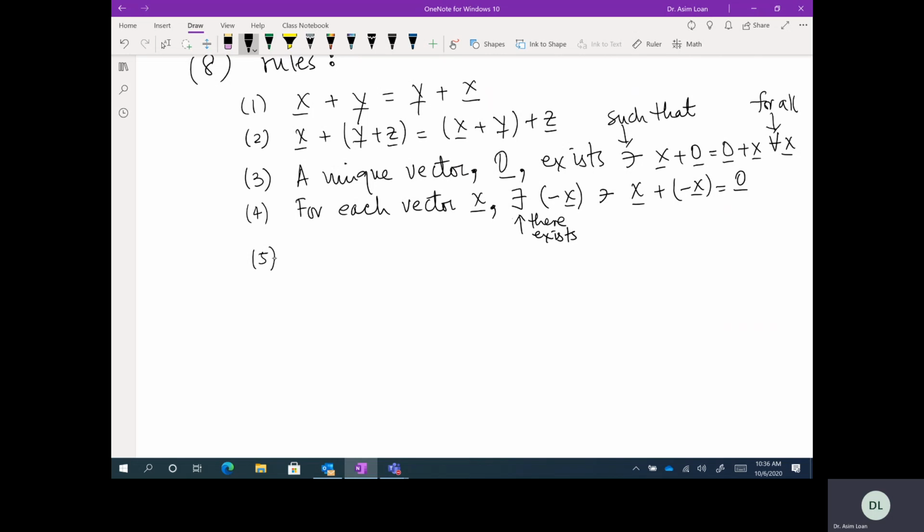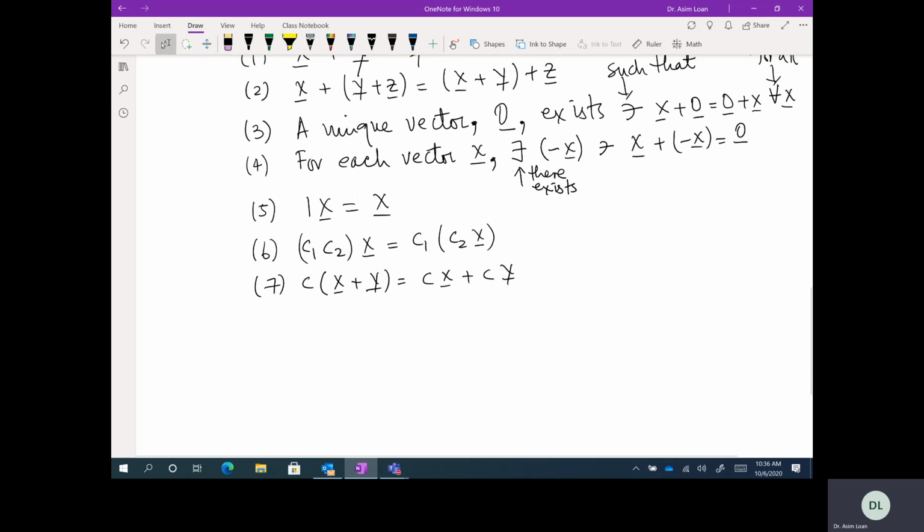And then 1 times x is x. If c1, c2 are scalars, c1 multiplied by c2 times x is the same as c1 c2 x. And distributive: c times x plus y is equal to cx plus cy. And finally, c1 plus c2 times x is equal to c1x plus c2x.